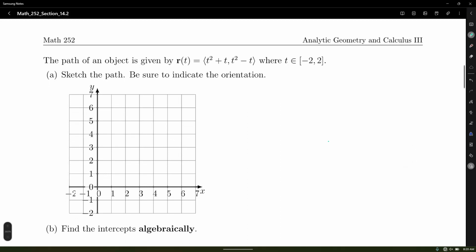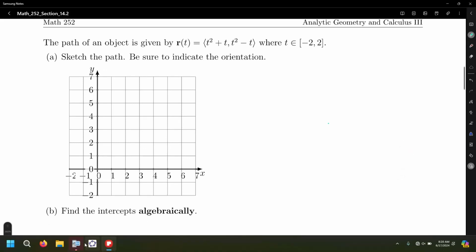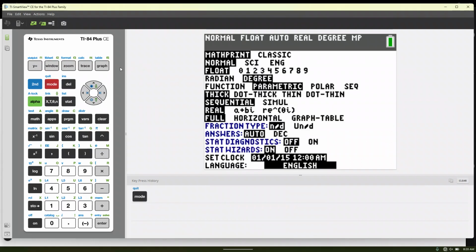That's very, very important because just a graph like what you did from the first time you graphed functions by plotting points through most of your calculus is not going to be enough. We need to indicate the orientation of the curve. I'll show you how. Okay, so let's go to the graphing calculator. Make sure it's in parametric.